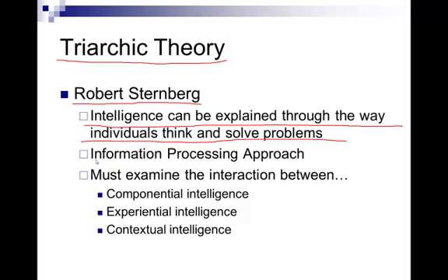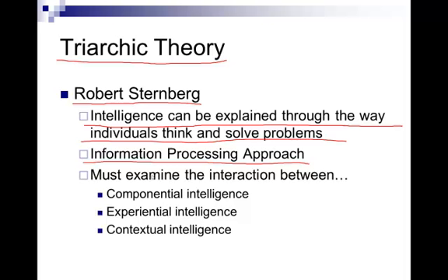Now, to do that, we have an information processing approach where we look at the information, and we put together some kind of process in order to come to an explanation or to a solution to the problem that we've encountered.